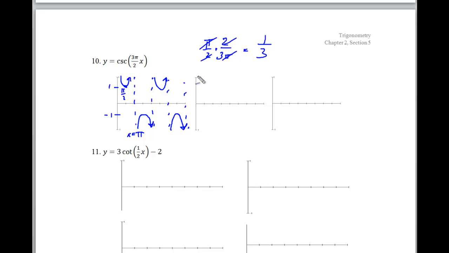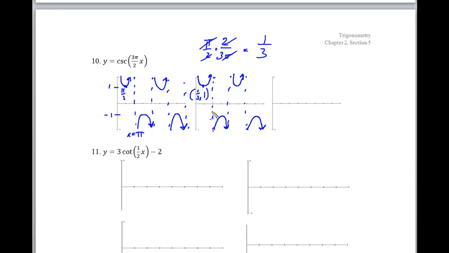So in the same picture, obviously I'm not going to try to bust out my art skills and make this look longer or different. I am just going to do a little twisty-turny and say that this is not going to be pi over 2. This is going to be 1/3, comma 1 in this case.